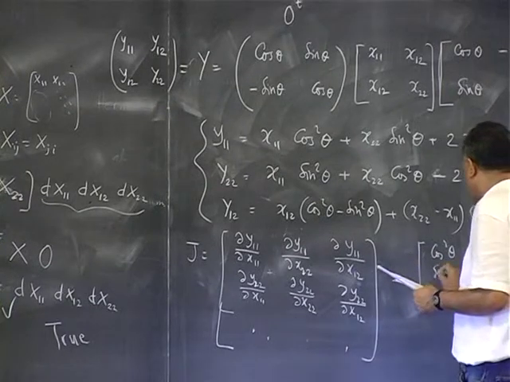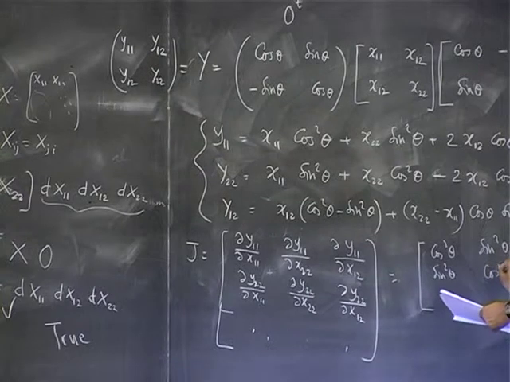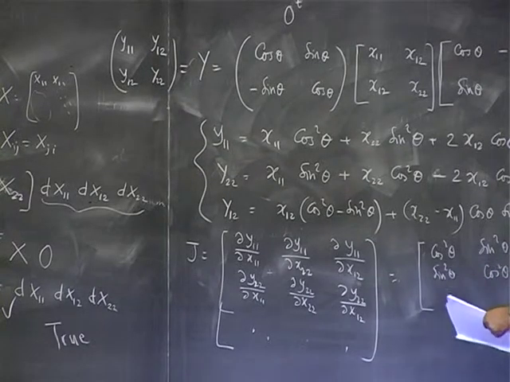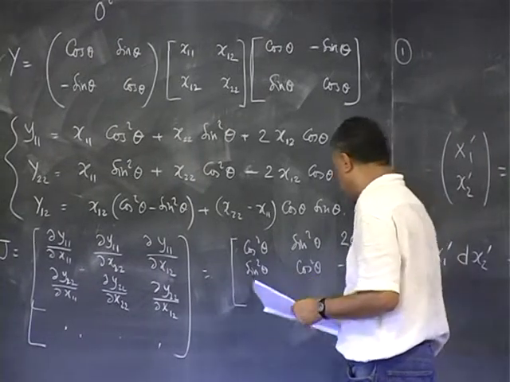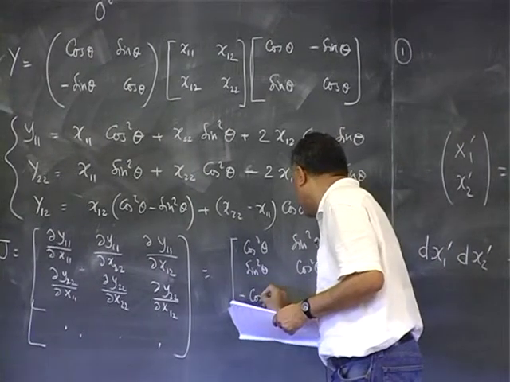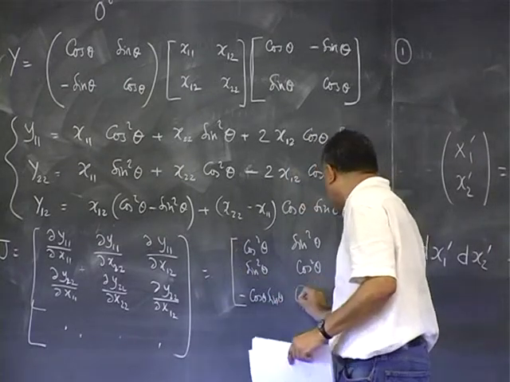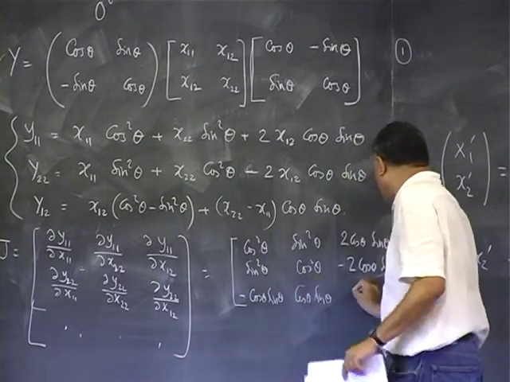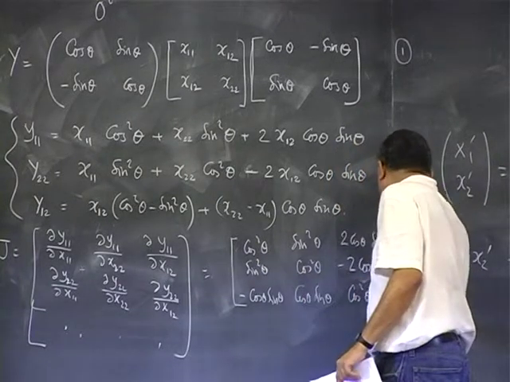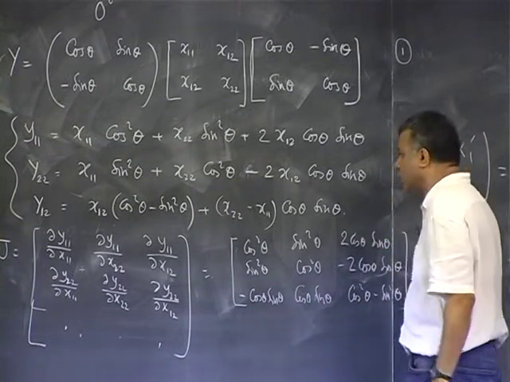Then you have sine square theta, cosine square theta, minus 2 cos theta sine theta. And the last row is minus cos theta sine theta, cos theta sine theta, and cos square theta minus sine square theta. So that's the Jacobian.